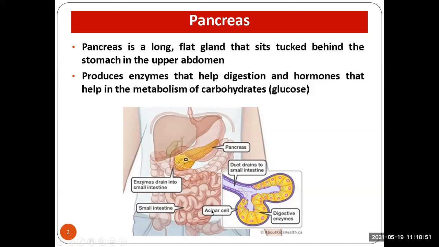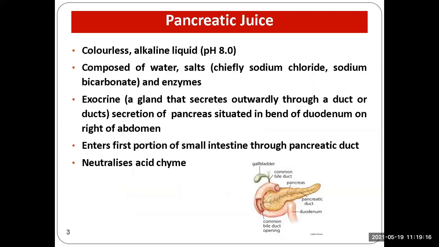These are acinar cells, tiny rounded lobules. Basically, these are the smallest secreting portions of a gland, meant for the secretion of pancreatic juice, which mainly comprises enzymes.